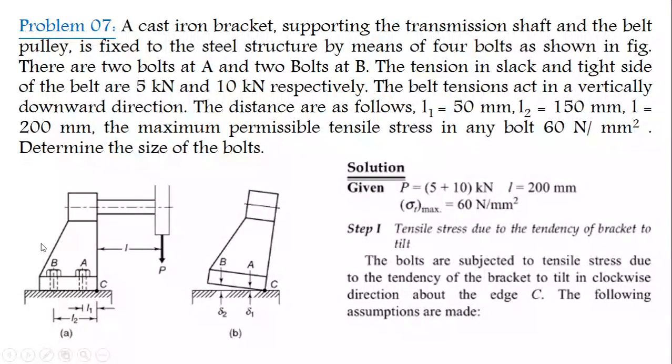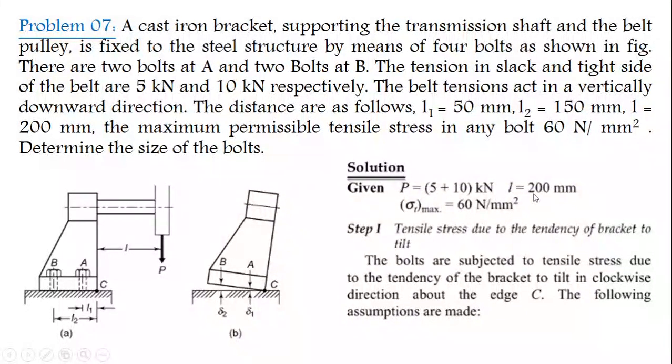Here this is the structure which is supporting the cast iron bracket, and this is the cast iron bracket which is supporting the transmission shaft as well as the belt pulley. This is the belt pulley, which supports the loads of 5 kN and 10 kN respectively. So the total load is 5 plus 10 kN.